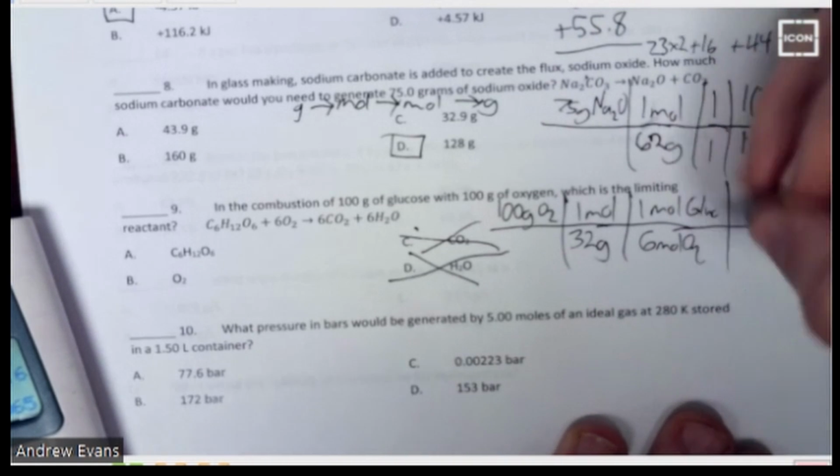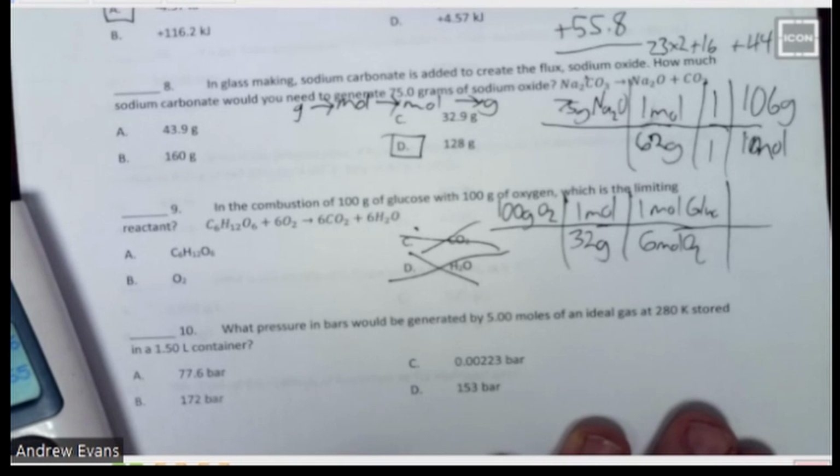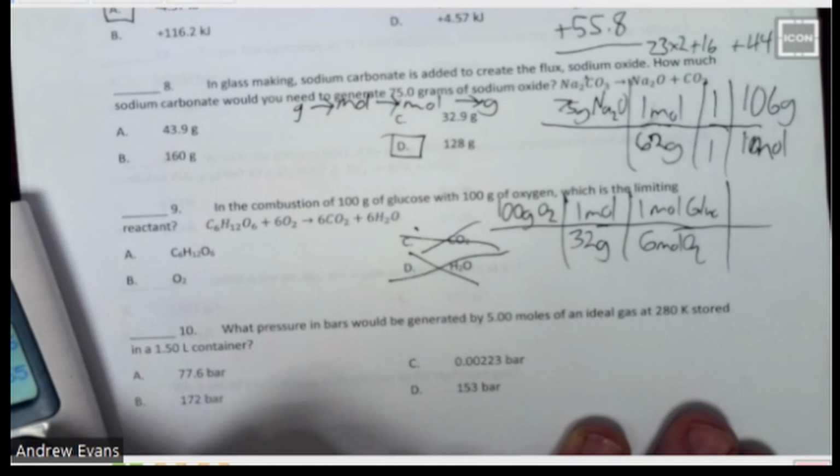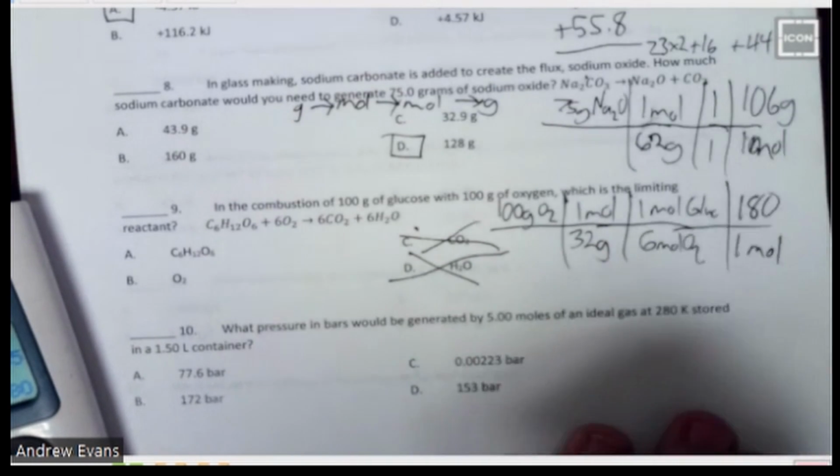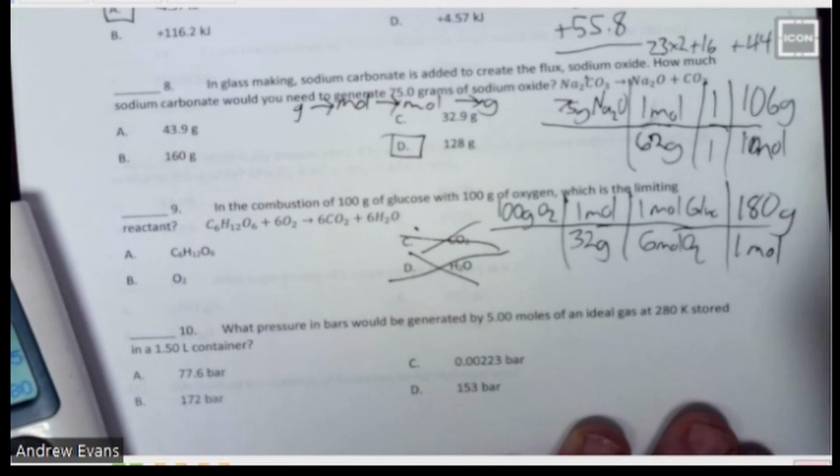And glucose, C6H12O6, so 12 times 6, 12 times 1, and 6 times 16. It's 180 grams per mole. So how much glucose is needed to fully react with 100 grams of oxygen?